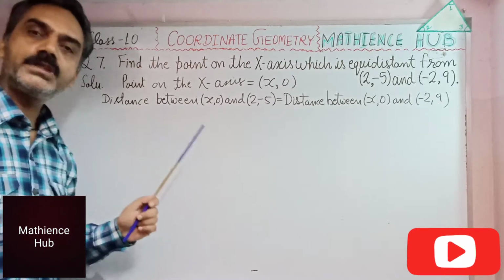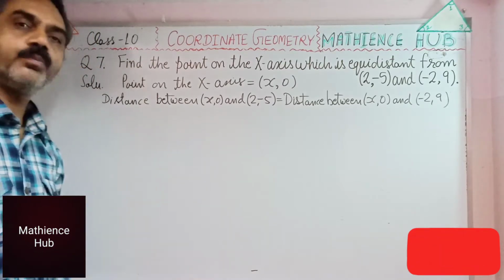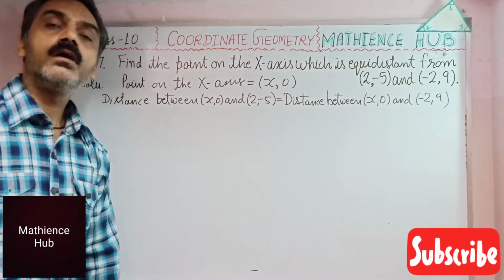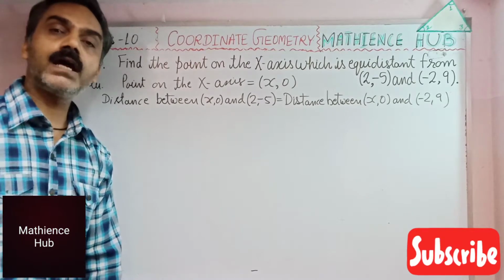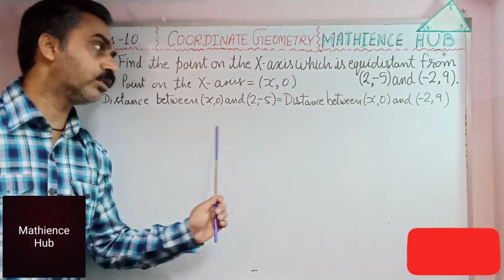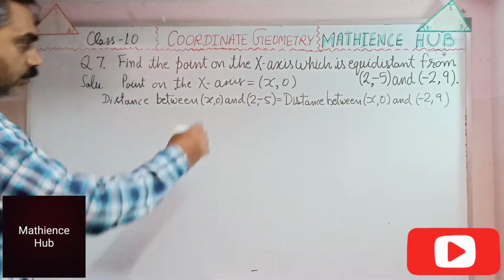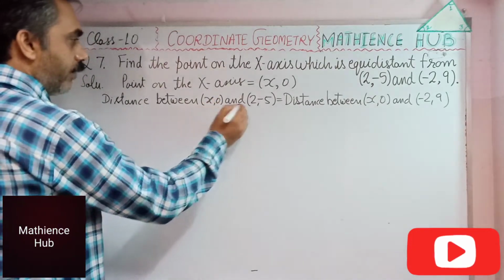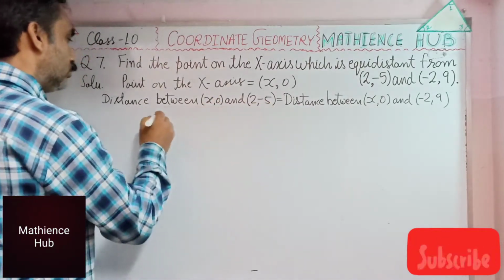Now we use the distance formula, square root of (x2 minus x1) whole square plus (y2 minus y1) whole square, on both sides. This is x1, y1, x2, y2.